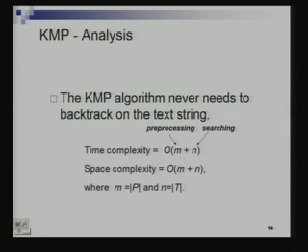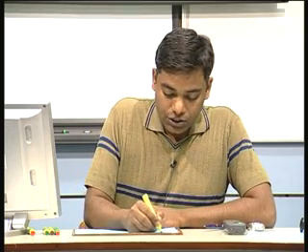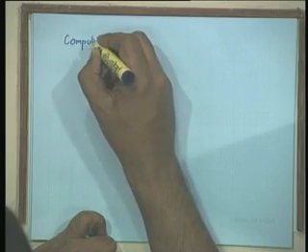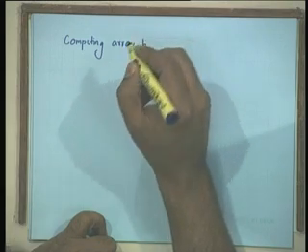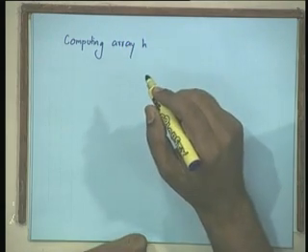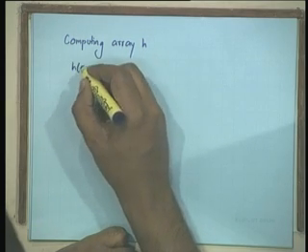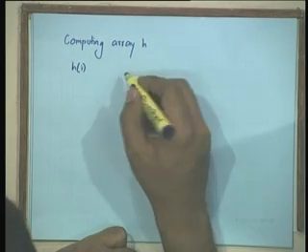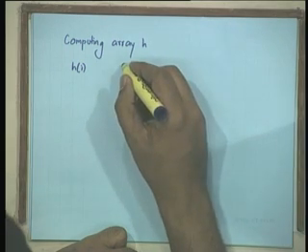So we have to compute array H. Right, and what was our definition of array H? Suppose I have to compute H of I. Look at my pattern. I have a certain pattern.